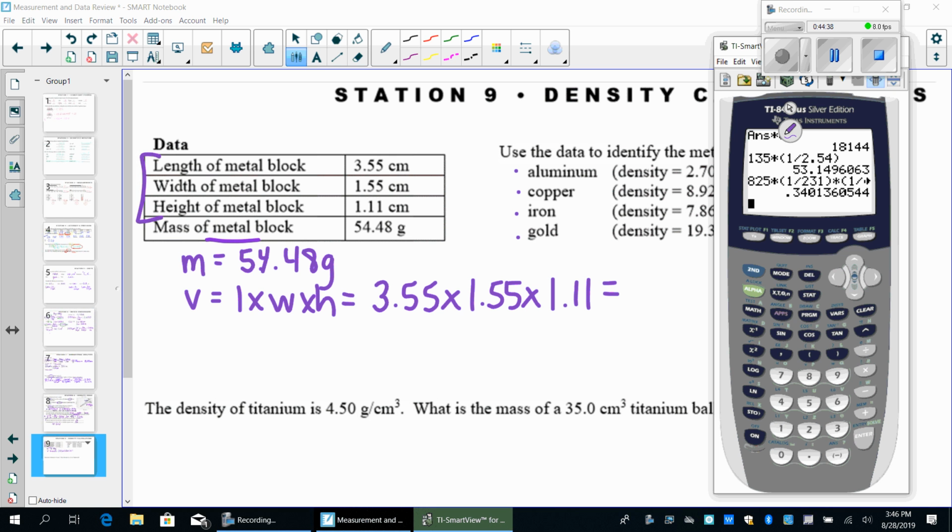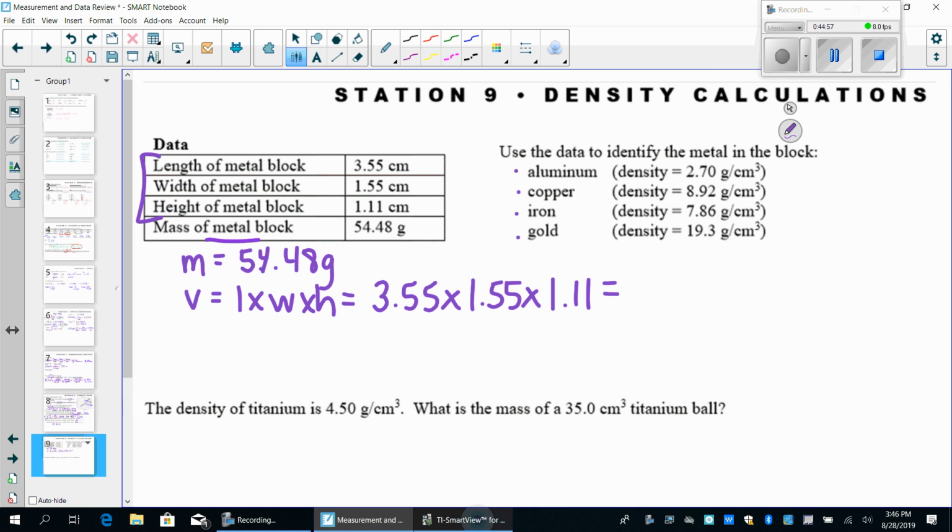And when you do that math, you have to use significant figures because each of these are measurements. Okay, so you're going to come out to a number that looks like that, 6.107775, and you want this to have the correct amount of significant figures.